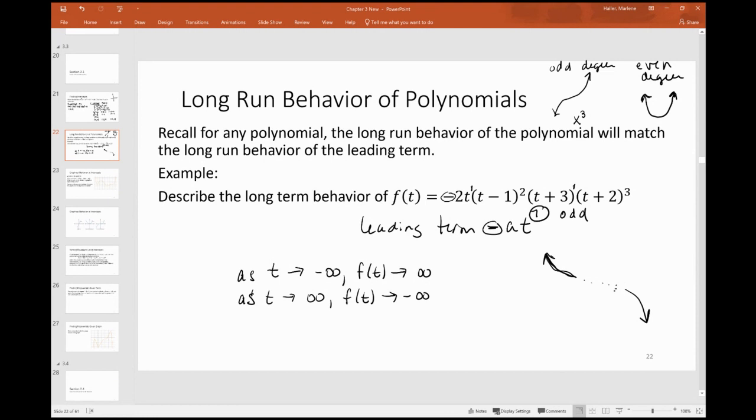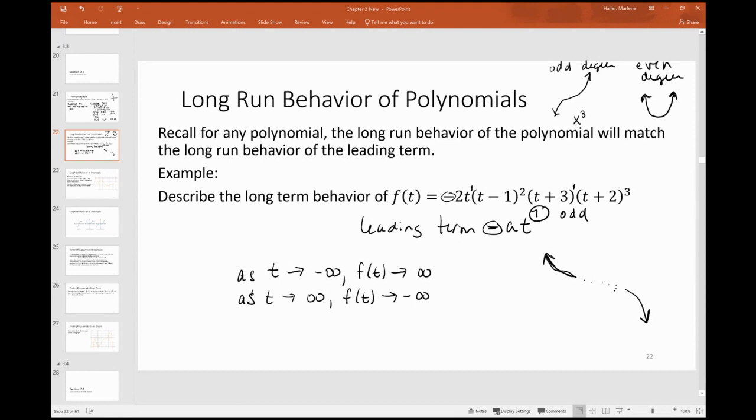Okay, so long-run behavior of polynomials always resembles the long-run behavior of the leading term, right? If it's an odd degree polynomial, the end behavior goes off in opposite directions. If the leading coefficient is positive, it's going to look just like the cubic function.